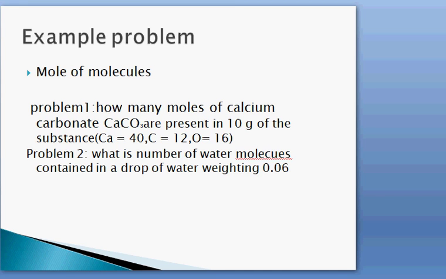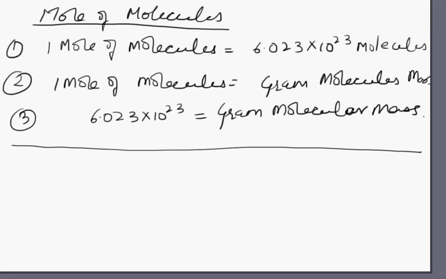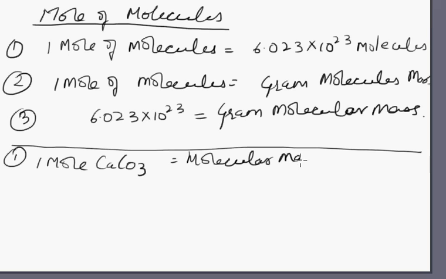So let's start with the first problem. Let's find out, 1 mole of calcium carbonate is equal to the molecular mass of CaCO3 in grams.